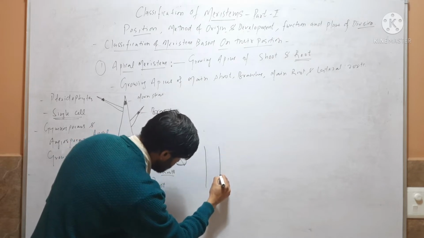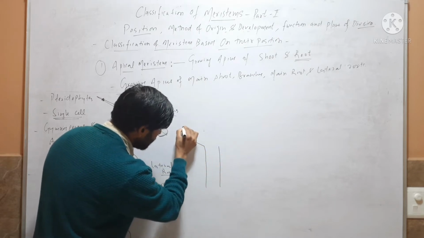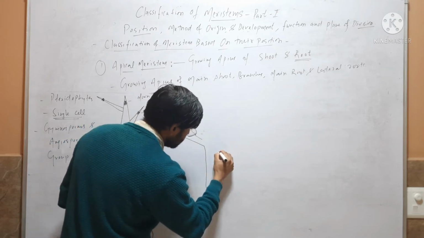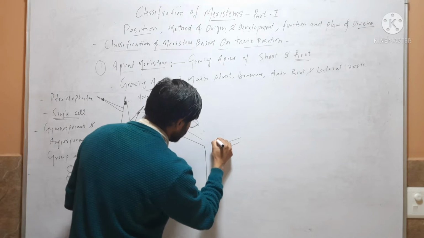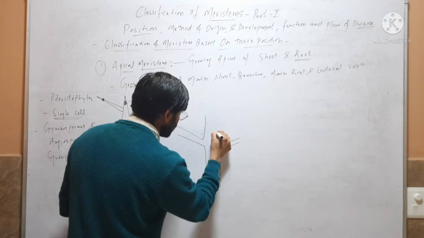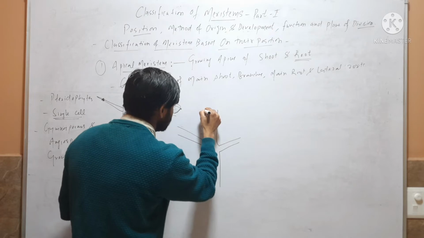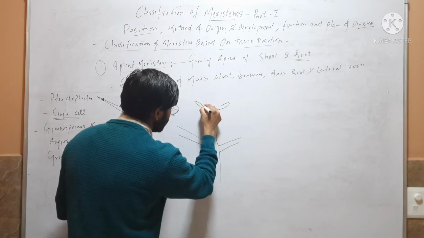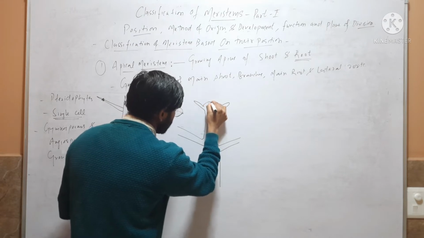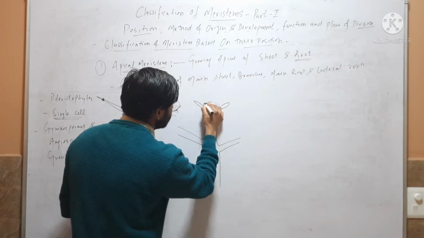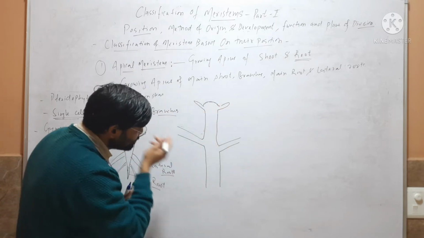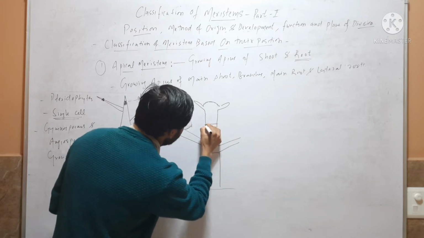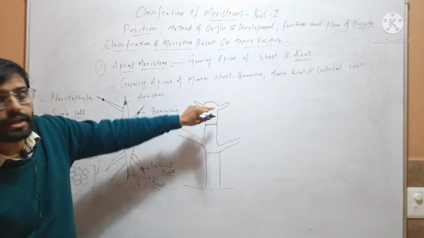Suppose this is a stem, this is its branches, so here this is a growing tip.